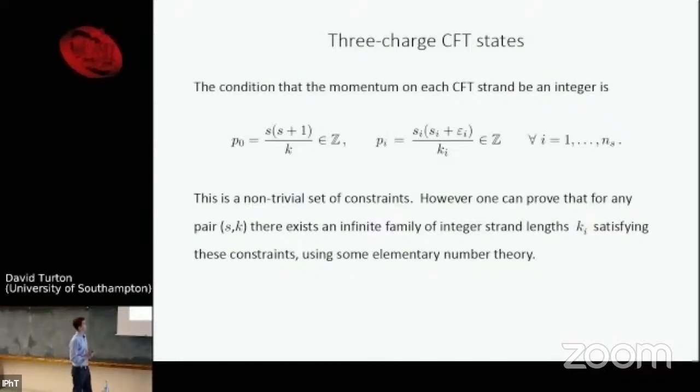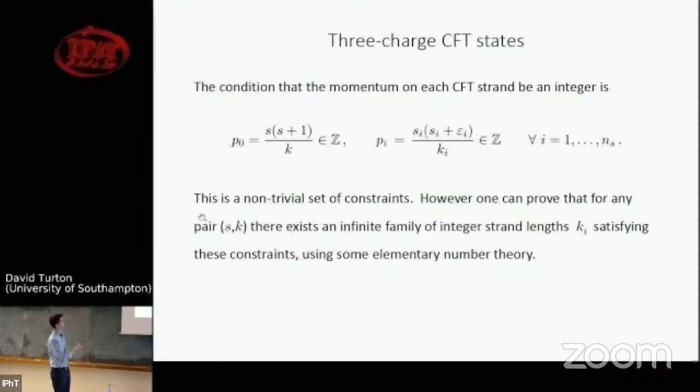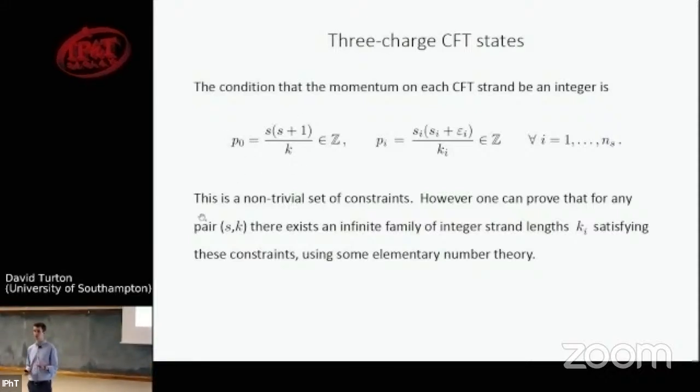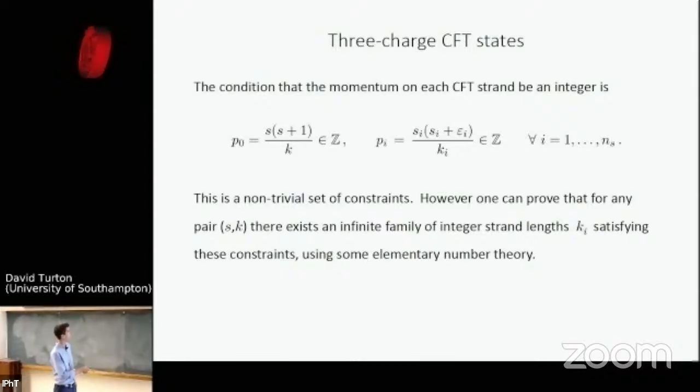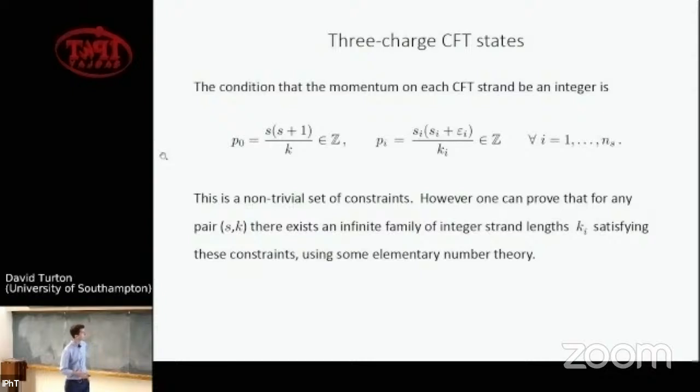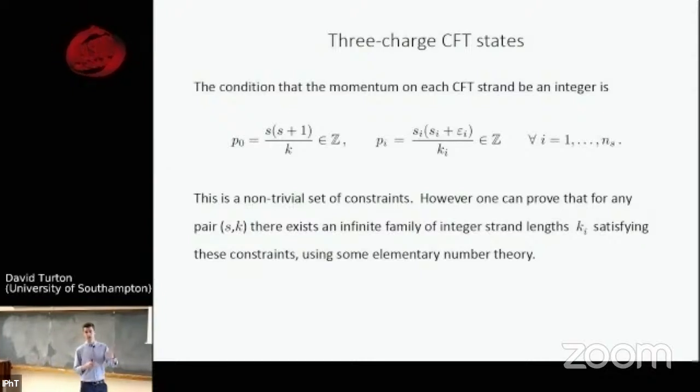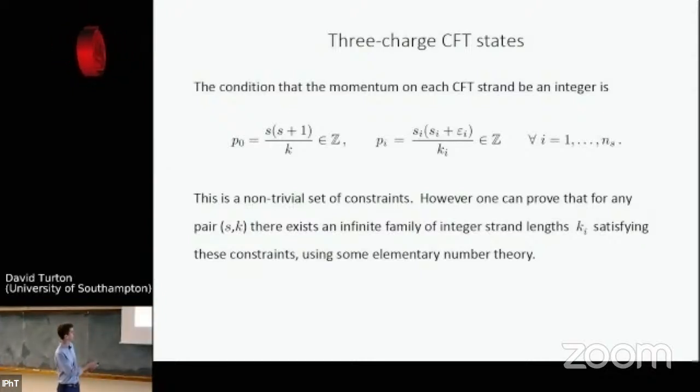The condition that the momentum on each strand be an integer is different on each strand. So we have some original thing inherited from the background, which gave us some allowed values of s and k, which were compatible with the background carrying an allowed momentum. And now we have long strands, and we want to satisfy ourselves that there are plenty of solutions to long strands carrying allowed momentum.